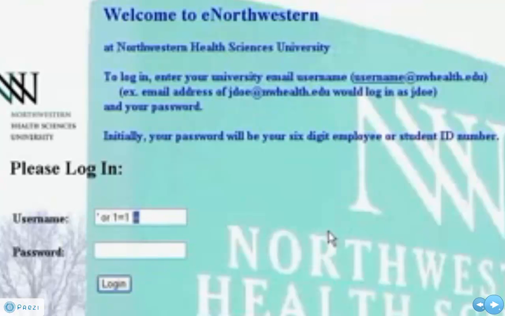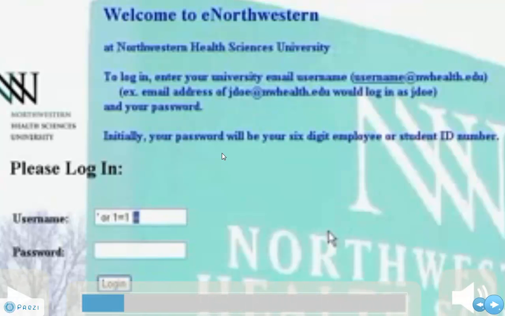When the form already includes a single tick, it's going to put it right here. So it'll say password equals, stop the password. Then it says or 1 equals 1, which is always true. So the SQL command is going to select the very first record in the database. That's what I'm going to copy.